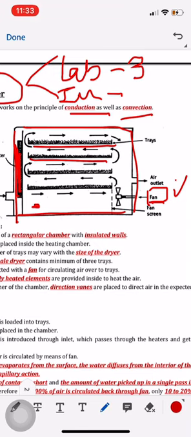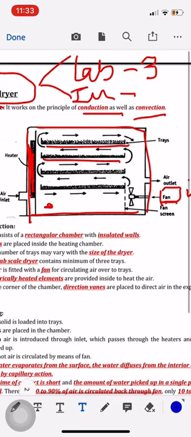Means at that particular point, the temperature will be less compared to other parts of dryer. Okay, so that is hot spot and cold spot. So if we don't have fan, then we can have chances of hot spot and cold spots. Okay, so tray, inlet of air, heater, and then fan. Okay, so this is the construction. I guess construction is very clear now.